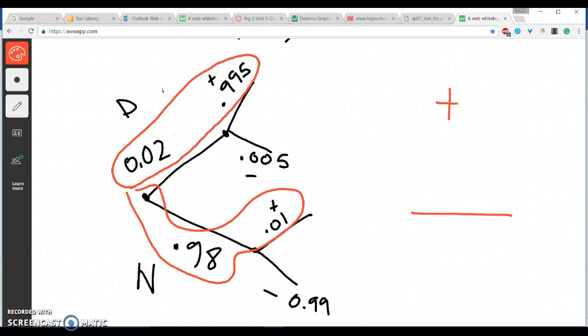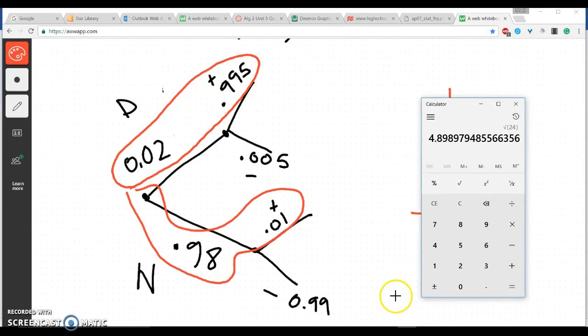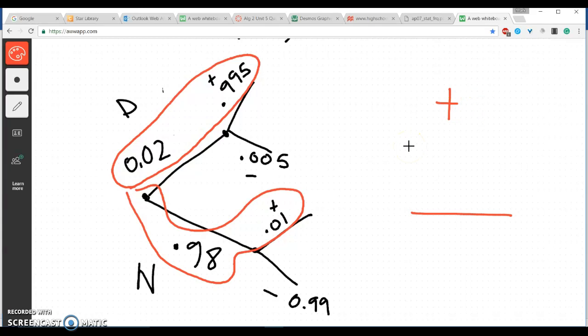And so if we do that, that would be 0.02 times 0.995, so about 2%, and then 0.98 times 0.01, so about 1%, so about 3% in all. We could round these things, but it's about 0.03. So that's how many total people tested positive.